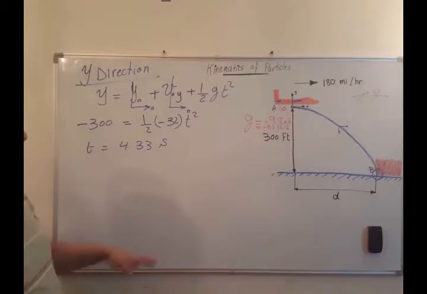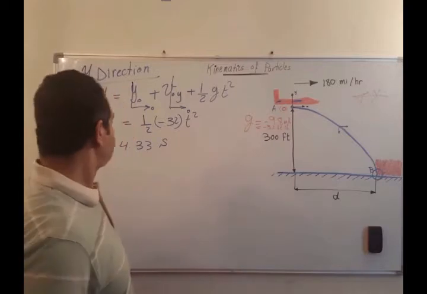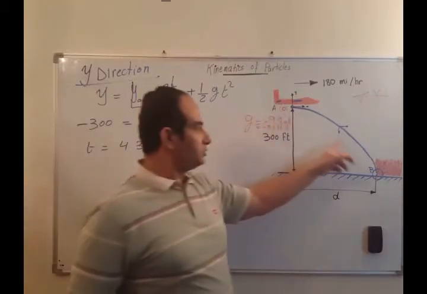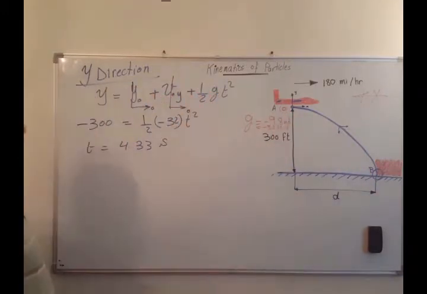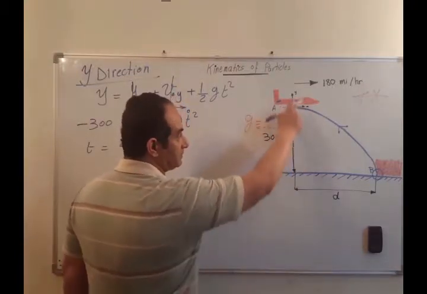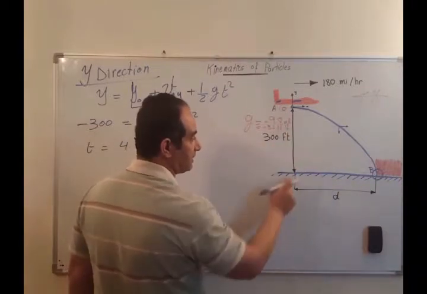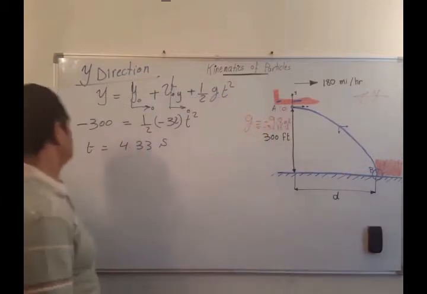That means this quantity of water will take 4.33 seconds to reach point B from point A. It will fall down 300 feet in this time and it will cover distance d in this time.